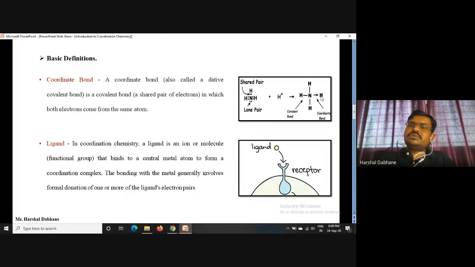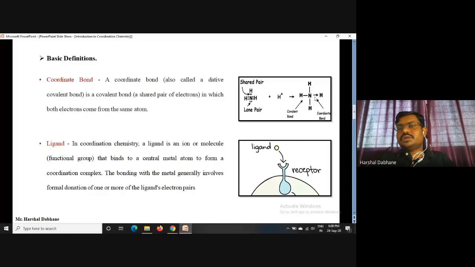So why is it called a coordinate bond? It is a covalent bond, or sometimes it is called a covalent coordinate bond. Why is it called a covalent bond? Because we have two electrons in this bond that are shared between the nitrogen and hydrogen. Why is it called a coordinate bond?